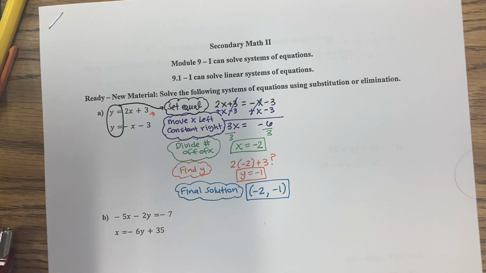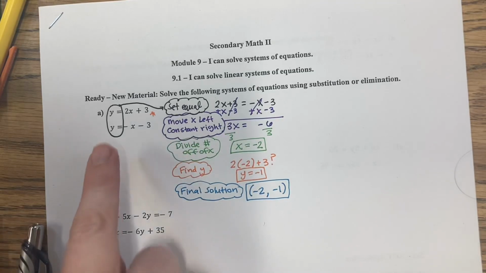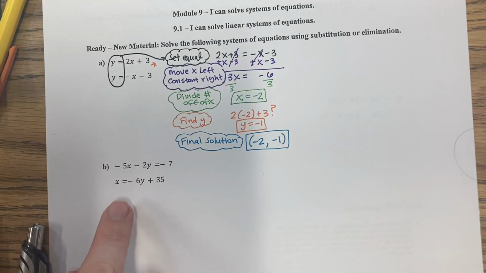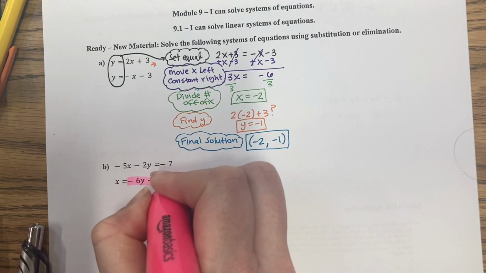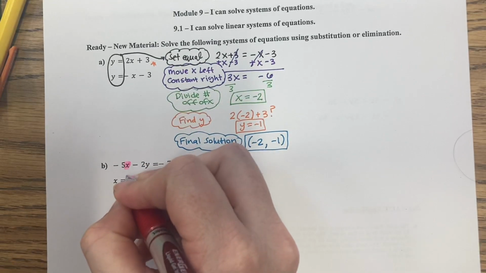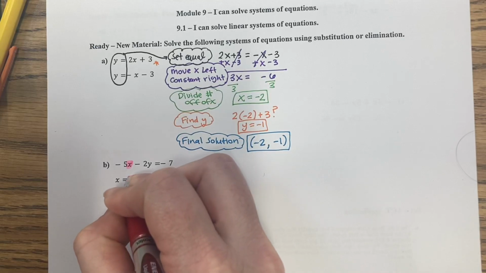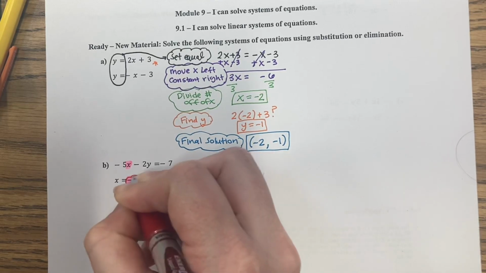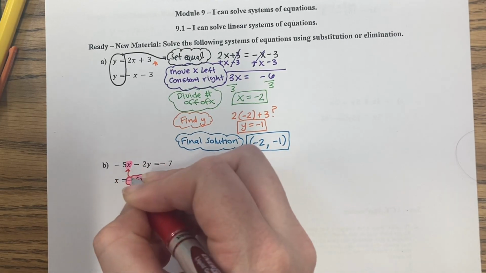Alright, next section. When I look at this one, it's different. I don't have y equals. I have an x equals. So whatever this is, I'm going to plug it into the x's spot. So this whole thing is going to plug in right there.